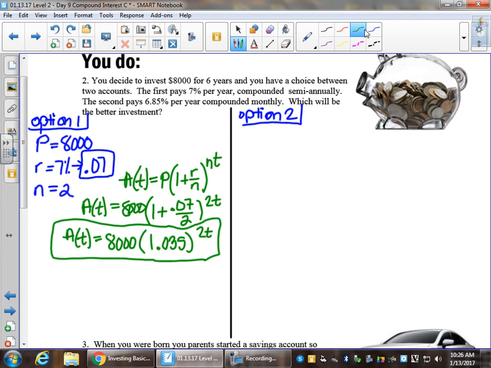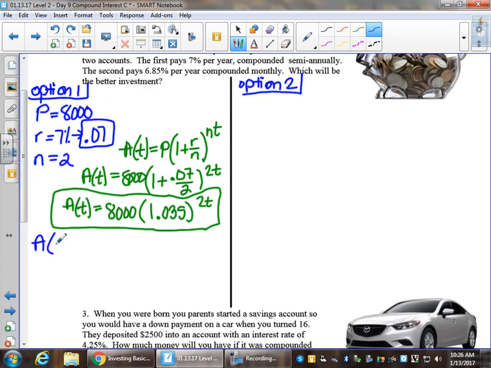And now we're going to say, well, I'm asked for how much after 6 years. So that's my input. So I'm going to plug in A of 6 equals 8,000 times 1.035 to the 2 times 6. So I will just make a quick note that that means 12 is my exponent.